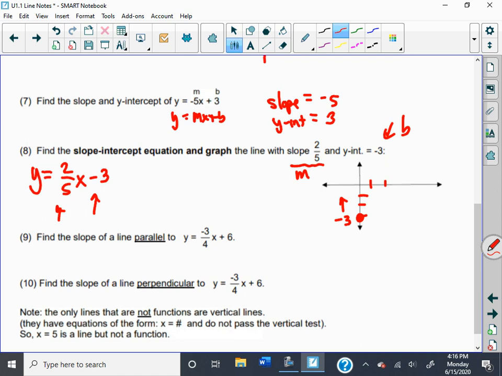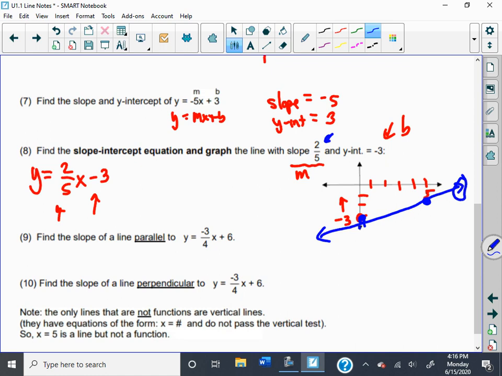So 1, 2, 3, 4, 5. Up 2, right 5, that's going to put us right there. Put our 2 dots so you can see them, then we connect them. There it is. Again, our right arrow is pointing up, it's on the right side, and the slope is positive, and it makes sense, positive 2/5.